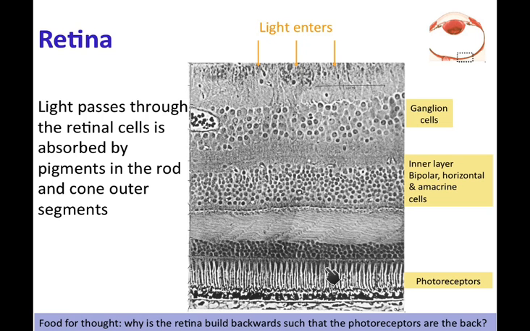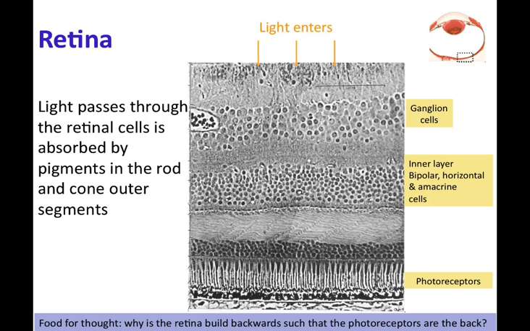And then it gets to the back of the eye where there are cells called photoreceptors. Photoreceptors do a process called transduction, which means that they turn the light energy that comes to your retina into an electrical signal such as voltage or current.